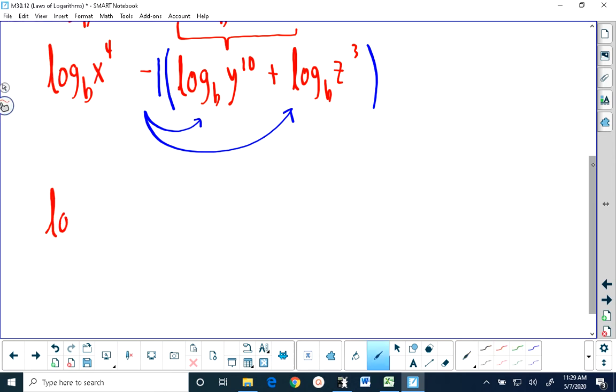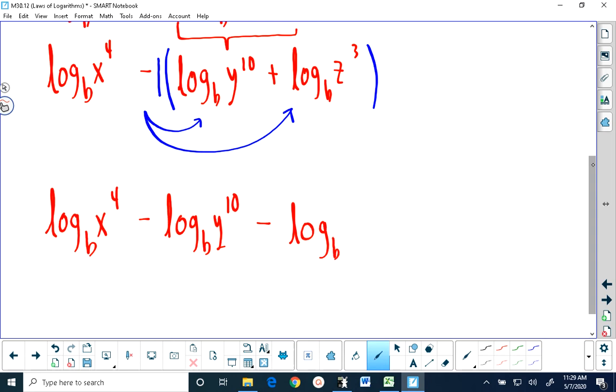We have log base b of x raised to the 4 minus log base b of y to the 10 minus log base b of z cubed. And in the top corner here, I'm going to write down what the original expression was. It was log base b of x to the 4 over y to the 10 z cubed. And here is the shortcut.